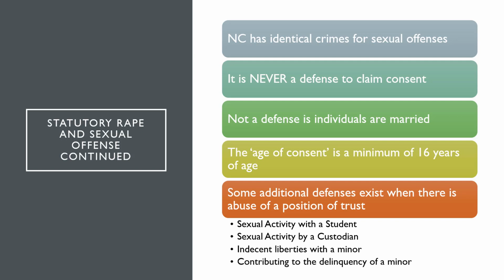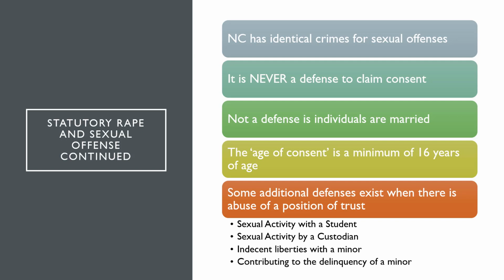Then we've got indecent liberties with a minor in North Carolina, which sometimes those are things that they are sexual, but they're not as obvious. So it could be something like if you French kissed a child. It's not as overt as one of the major sexual offenses or rape, but it's clearly an issue.